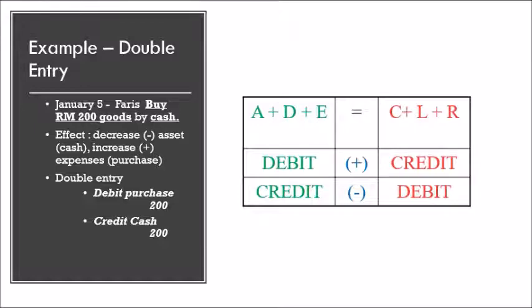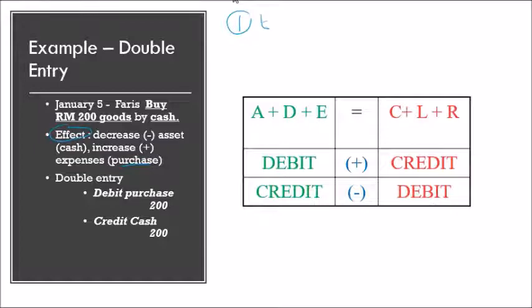The effect will be a decrease in asset, which is cash, since you pay for buying the goods, and an increase in expenses, since the account is purchases. So first, when you're given such a transaction, you need to know which account increases and which account decreases.